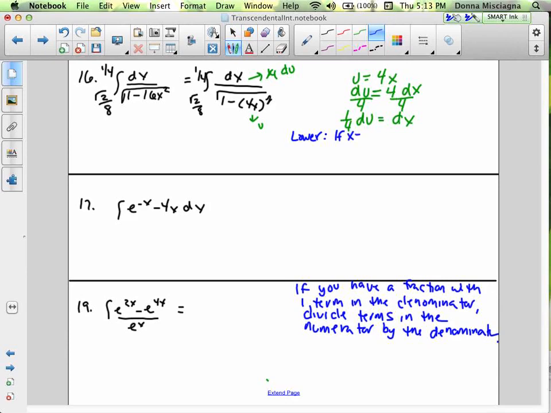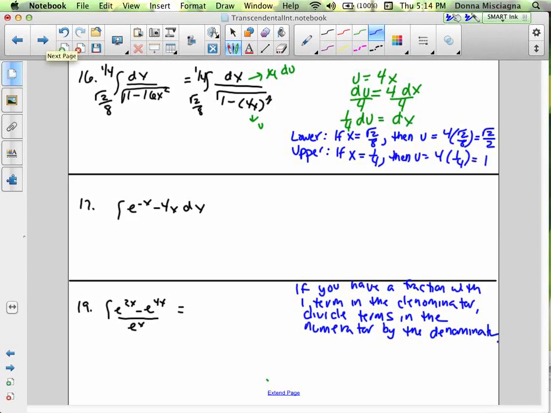If x equals square root of 2/8, then u equals 4 times the square root of 2/8, which is the square root of 2 over 2. And then the upper limit, if x equals 1/4, then u equals 4 times 1/4, which is 1.